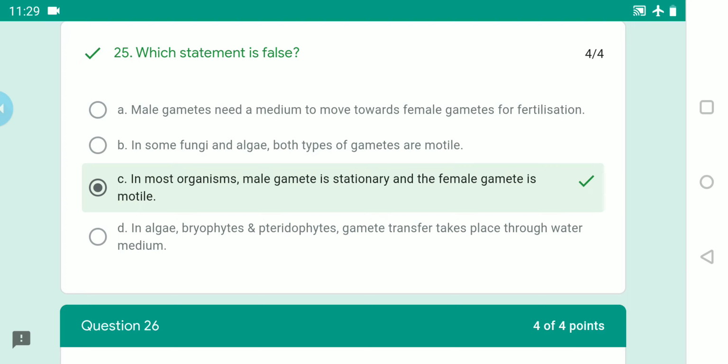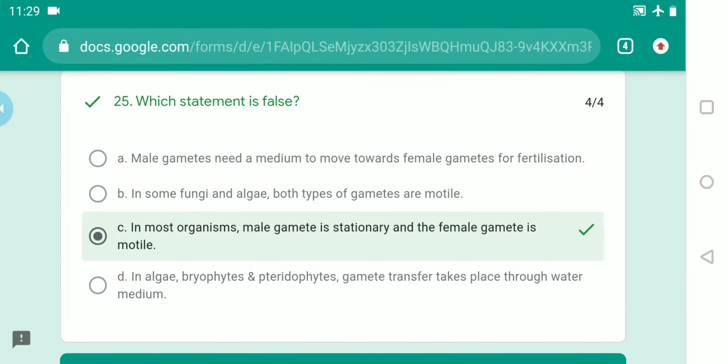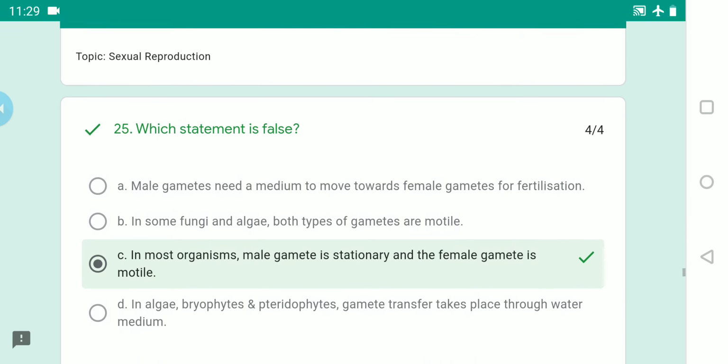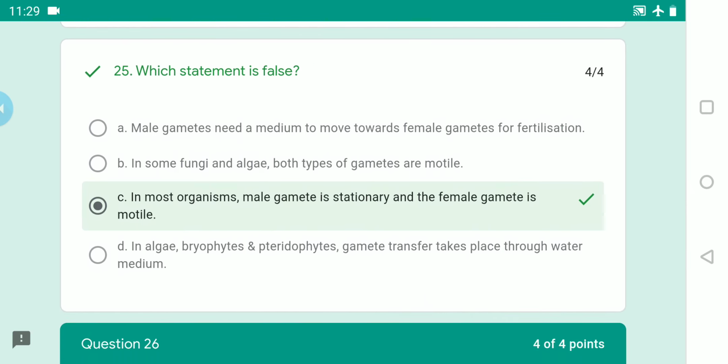Which statement is false? Again, this question is related to sexual reproduction. In most organisms, the male gamete is stationary and the female gamete is motile. C is false, because in most organisms the male gamete is motile whereas the female gamete is stationary. The remaining statements are correct.